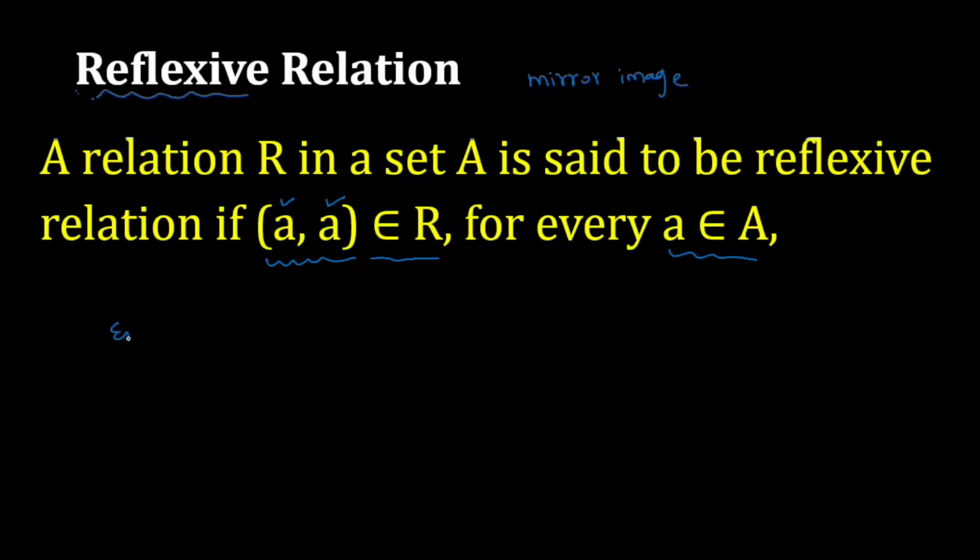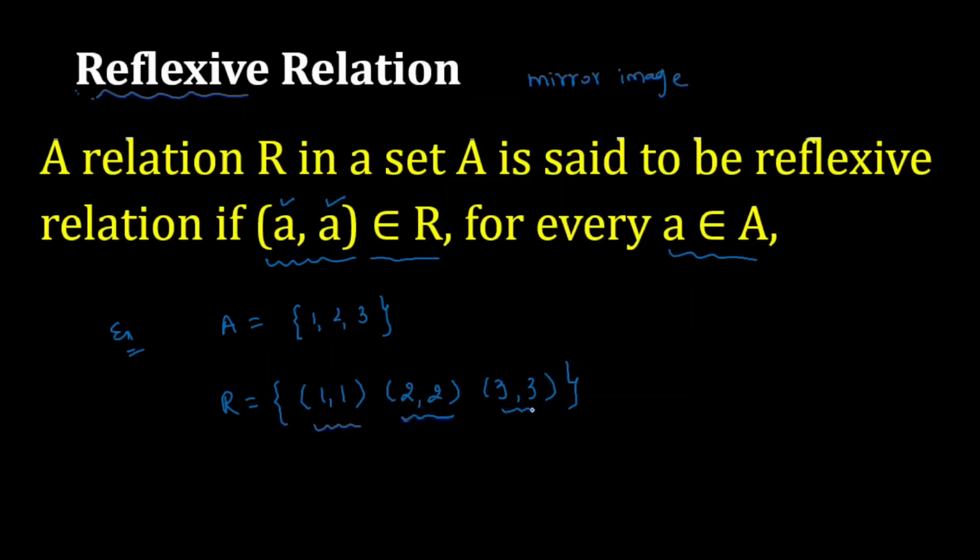So for example, let us take the set {1, 2, 3}, we need a set compulsorily. If the relation contains the ordered pairs (1, 1), (2, 2), (3, 3). So if 1 is there, you should have (1, 1) compulsorily. If 2 is there in the set, it should be (2, 2). If 3 is there, it should be (3, 3).